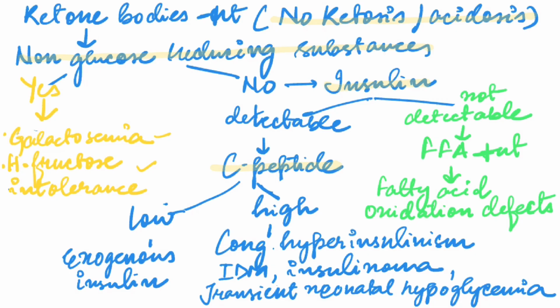If C-peptide is low, then exogenous insulin is the cause. If C-peptide is high, then the cause is congenital hyperinsulinism, IDM, insulinoma or transient neonatal hypoglycemia. If the insulin is non-detectable, then we go for free fatty acids, and if free fatty acids are present, then the cause is a fatty acid oxidation defect.